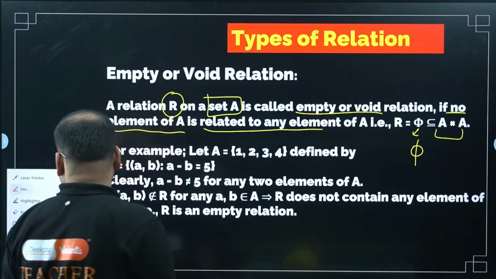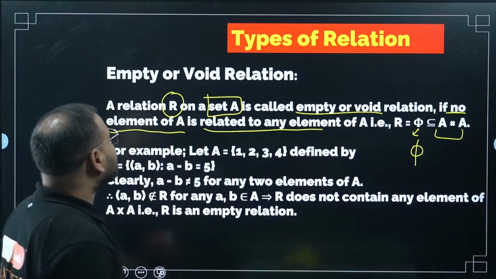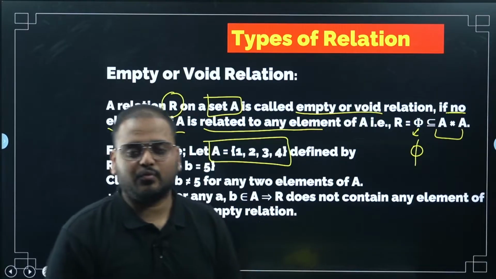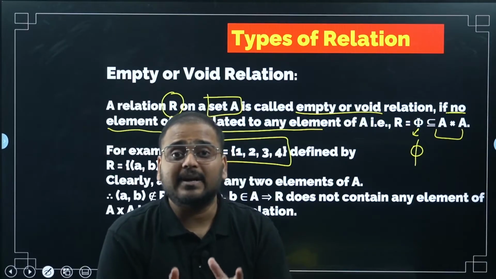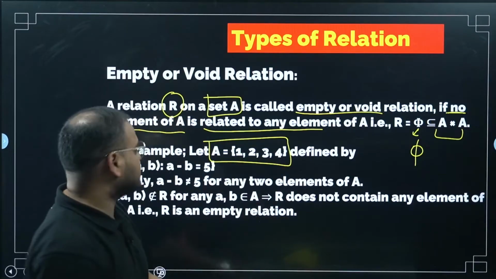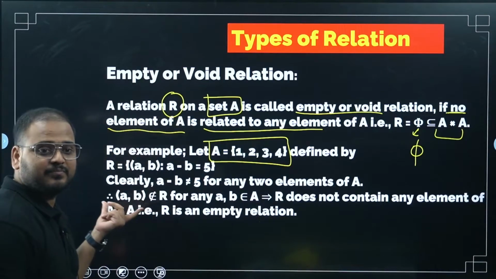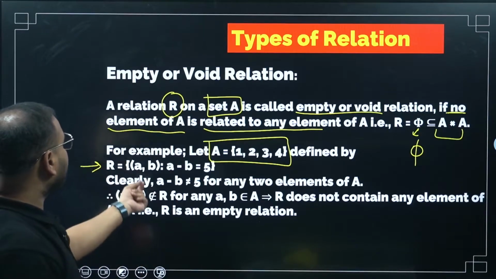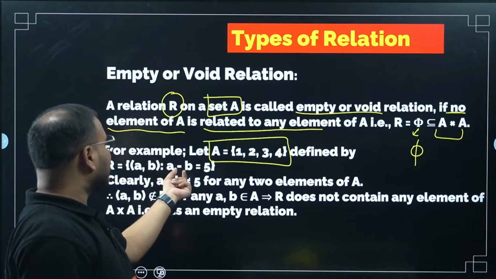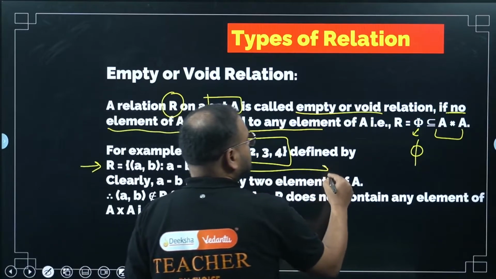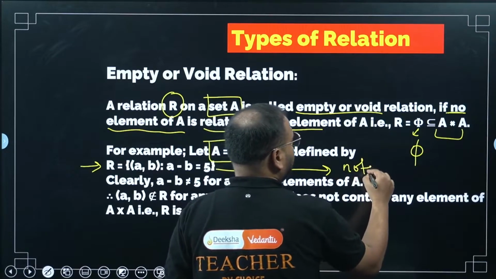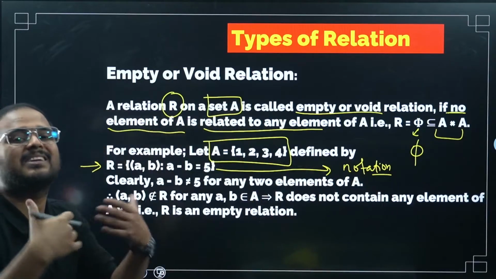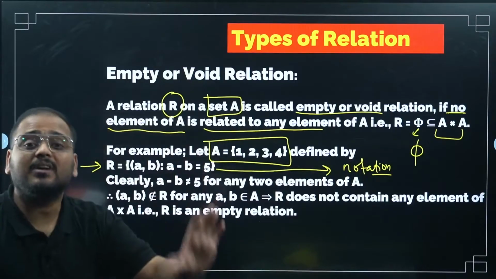Now to understand it better I have taken an example. Read it please. If I have a set A written like this, 1, 2, 3, 4, then 1, 2, 3, 4 are my elements of set A. What is the relation given here? In set builder form, this is the notation, which means how you represent a relation.